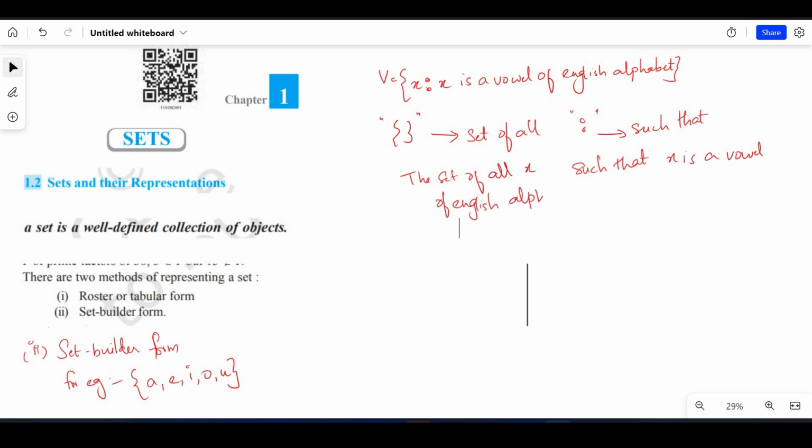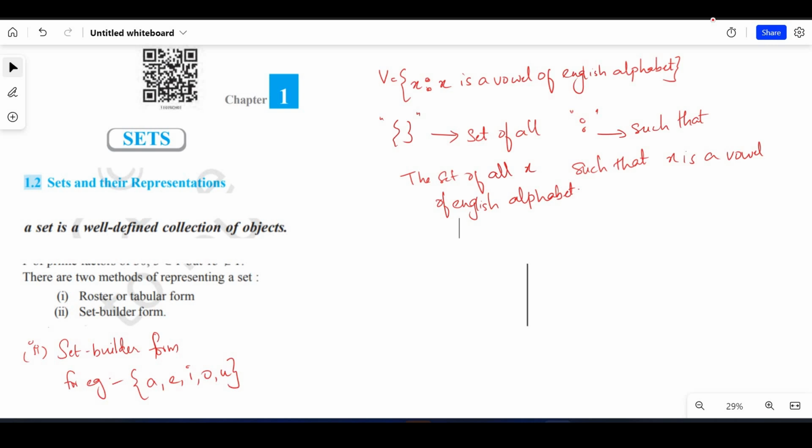So we know that all the elements inside the set possess the property that they are the vowels of the English alphabet. So any element that is outside this set, say B, does not possess this property, right? It is not a vowel of the English alphabet. So all the elements in a set possess a single common property which is not possessed by any element that is outside this set.